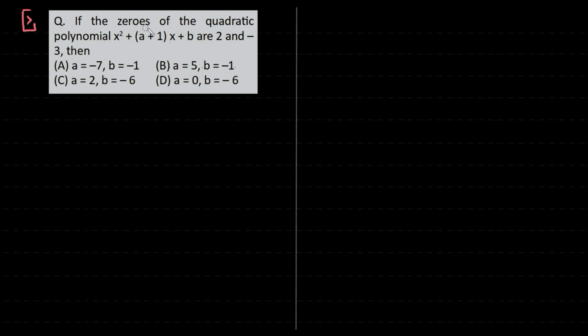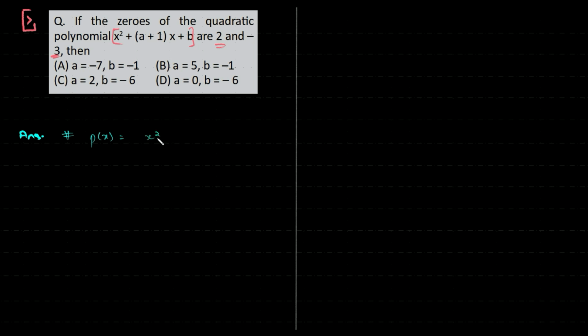If the zeros of the quadratic polynomial, this particular expression, both the zeros are given, 2 and minus 3, then what are a and b? That's the question. So the very first thing is, let's write down the expression.